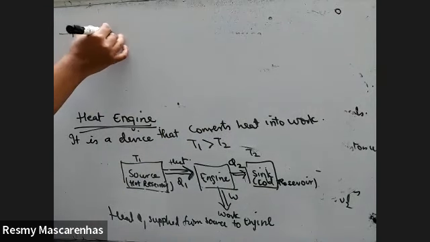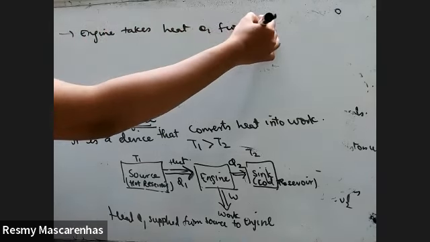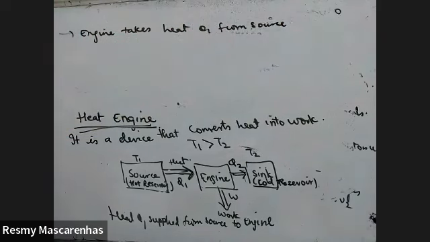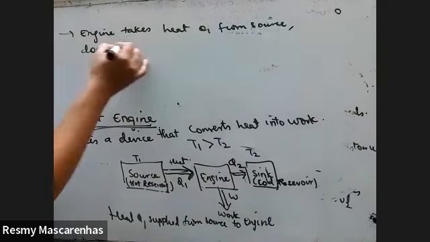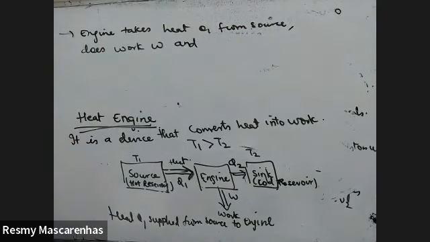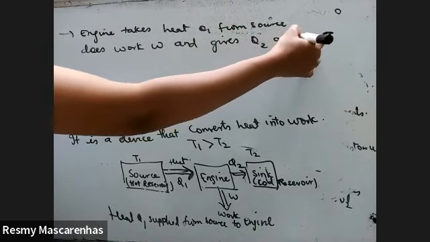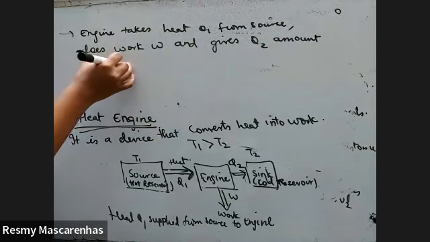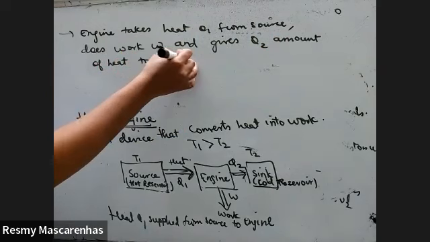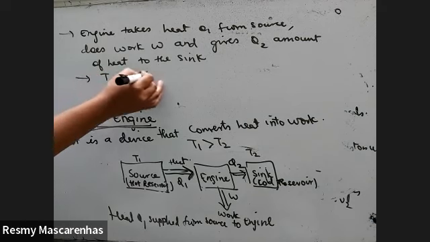The engine takes heat Q1 from the source, does the work W, and gives Q2 amount of heat to the sink or to the cold reservoir. T1 is greater than T2.